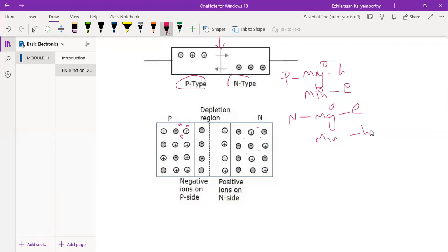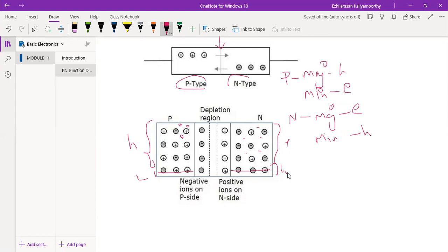Otherwise, I can say in p-type the higher concentration is holes and the lower concentration is electrons. Here in n-type, the higher concentration is electrons and the lower concentration is holes.